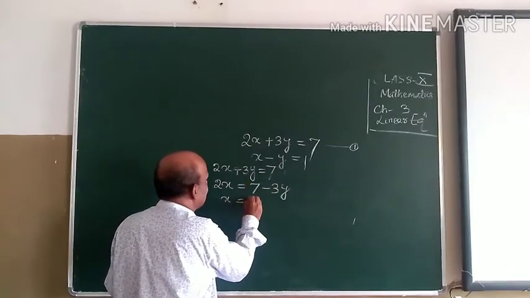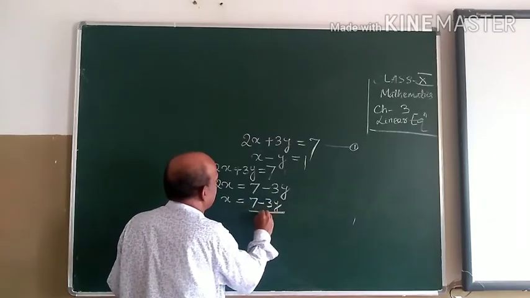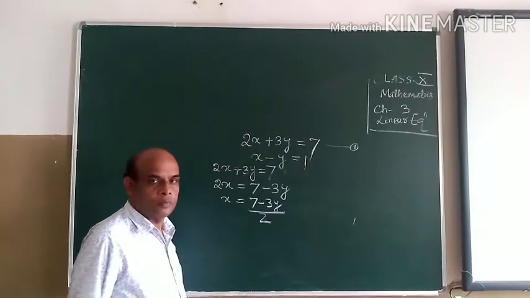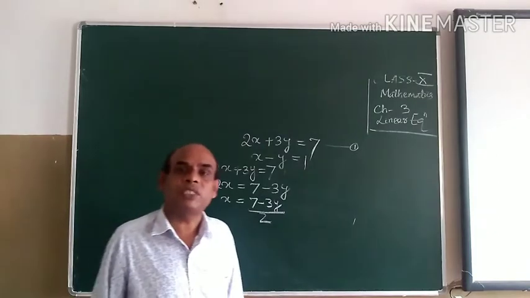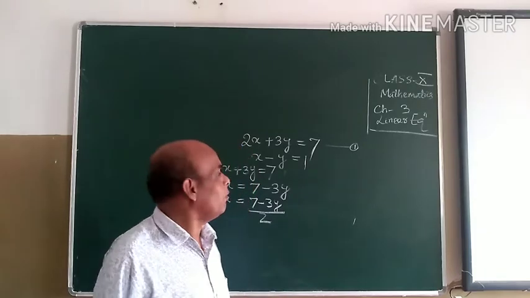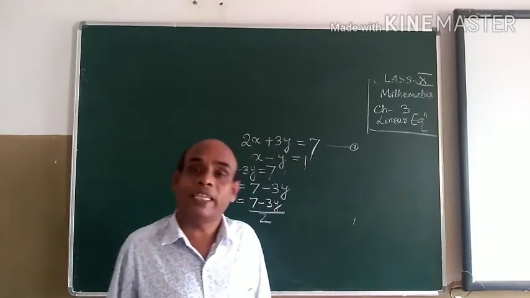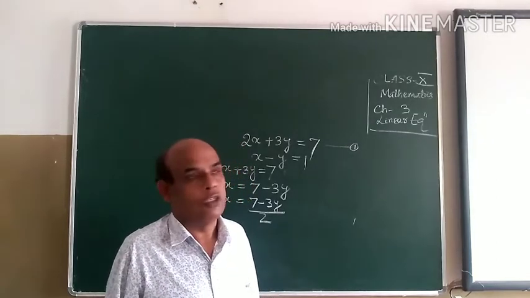Now x is 7 minus 3y divided by 2. Again listen, in the first equation you have to find out the value of x or the value of y. Any value you have to find out.